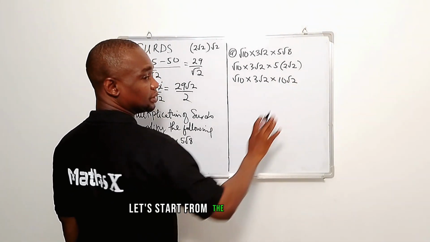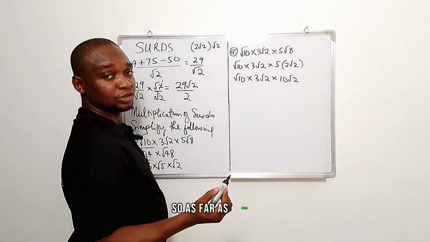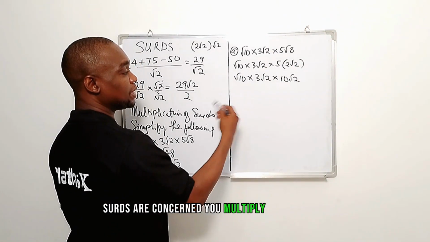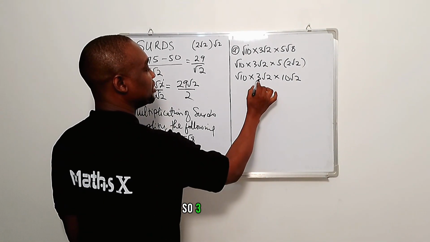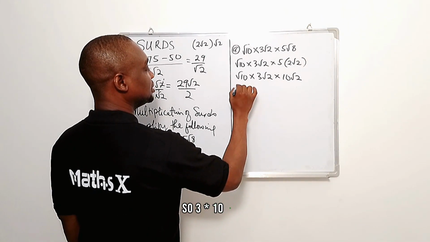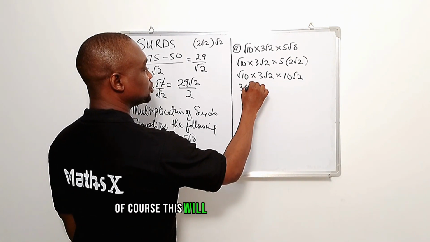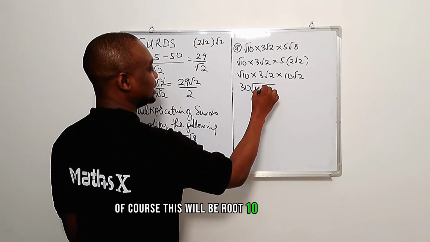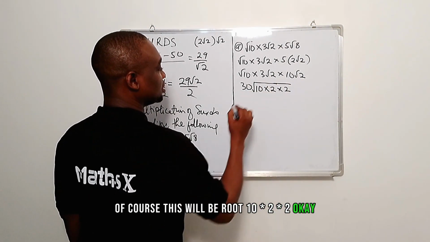Let's start from the right hand side. As far as sorts are concerned, you multiply the numbers and then you multiply the sorts separately. So 3 times 10 is 30. Of course, this will be root 10 times 2 times 2.